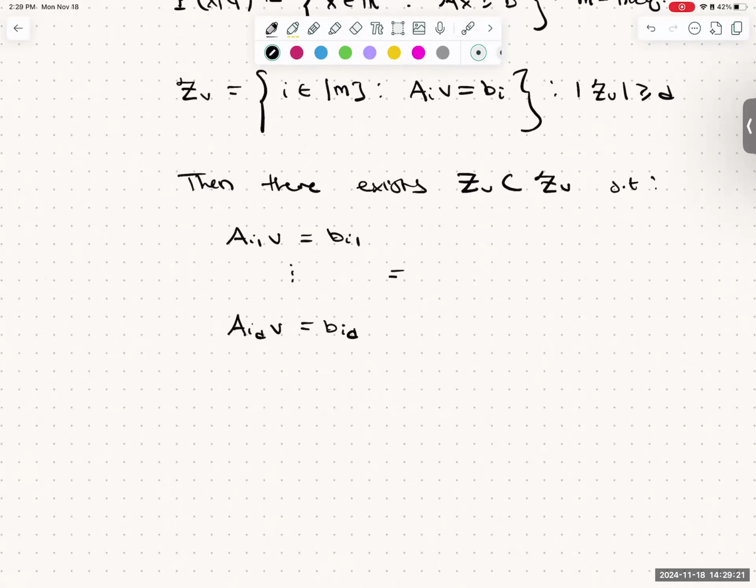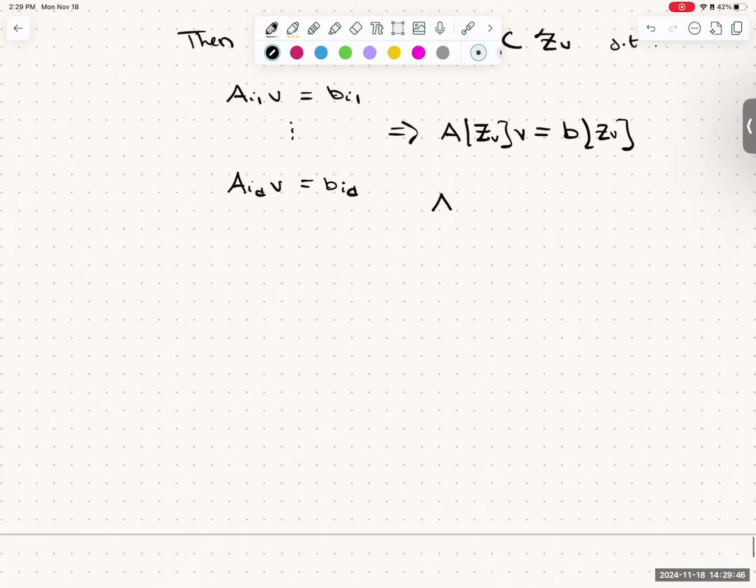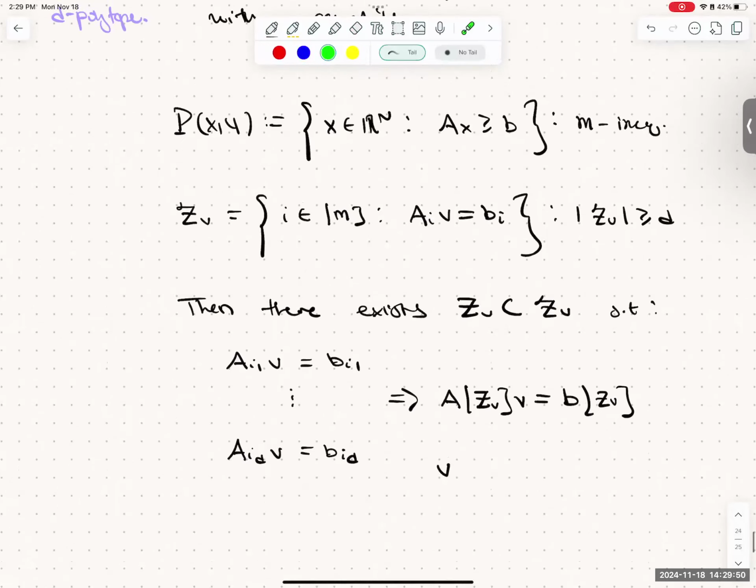And I will write this in terms of a matrix like this. A_Z V equals B_Z. So what is this box notation? It's just saying I'm taking the subset, the rows for which the equalities on the left-hand side hold. And then this matrix must be invertible. So basically, I have this set here.